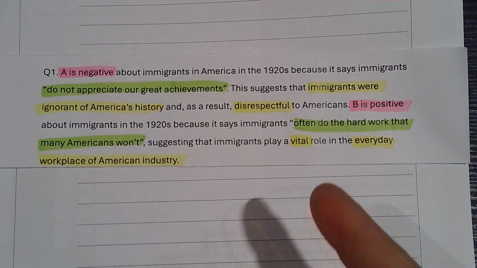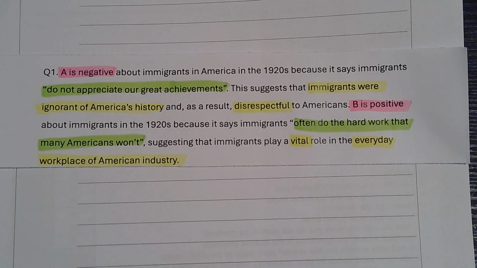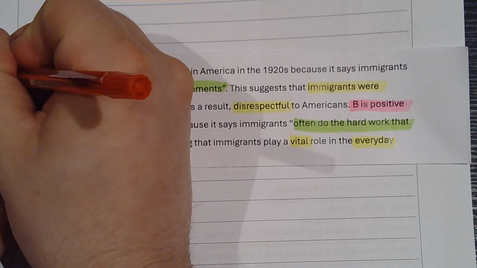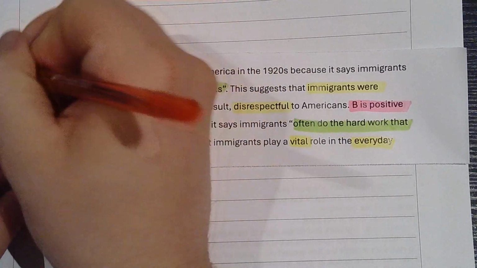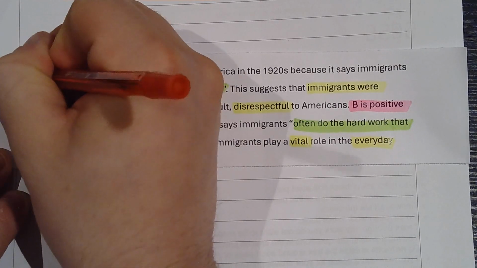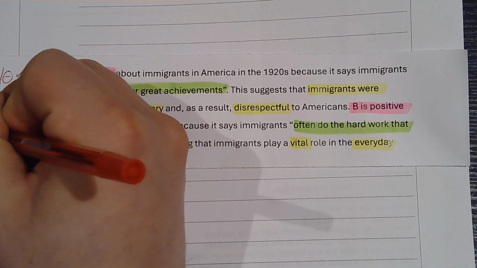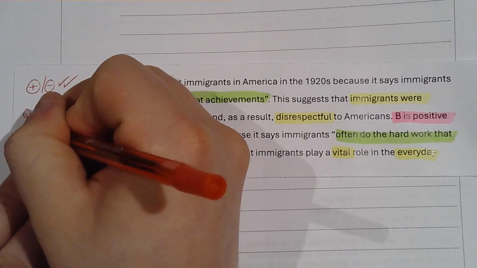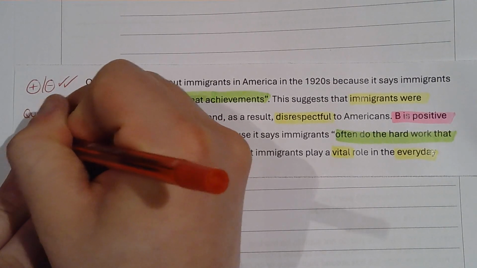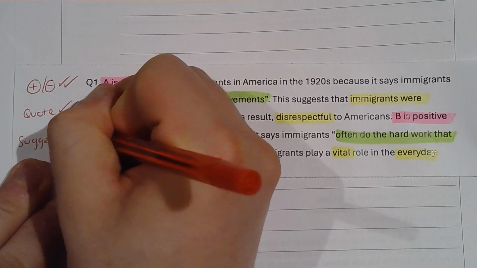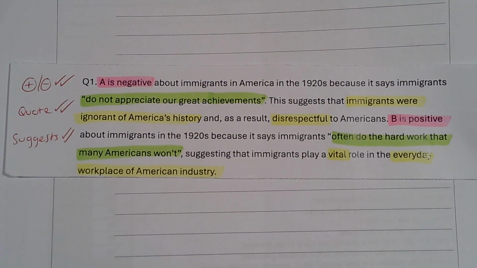So again, nowhere in the interpretations does it talk about vital or everyday workplace, but that's what it suggests, and that's where you're going to elevate your answer to 3 or 4 marks. So as an examiner, what I can see is I've said if it's positive or negative both times, I've used a quote both times, and I've used my own language both times in terms of what it suggests. And that would be a 4 out of 4 answer.